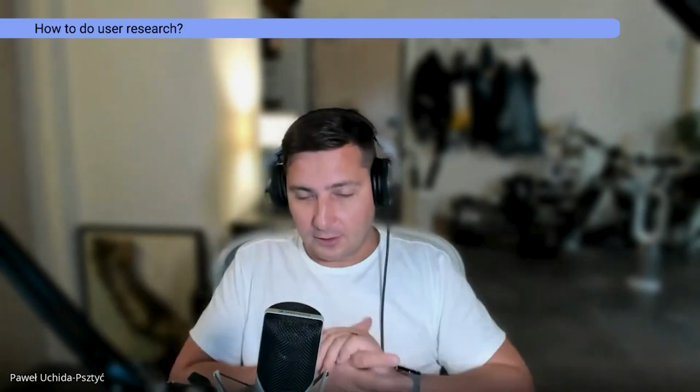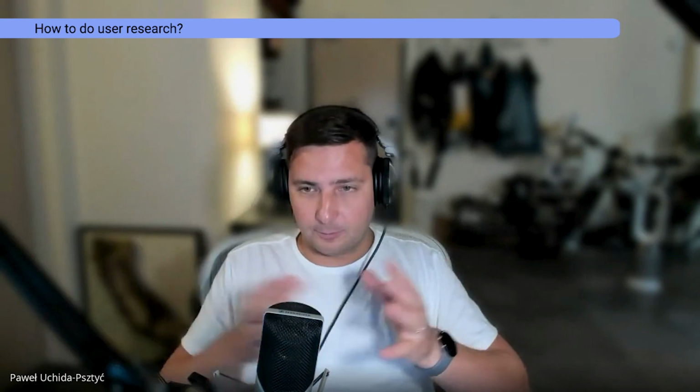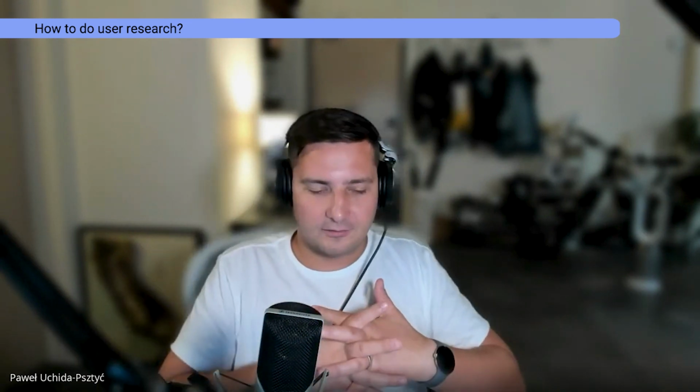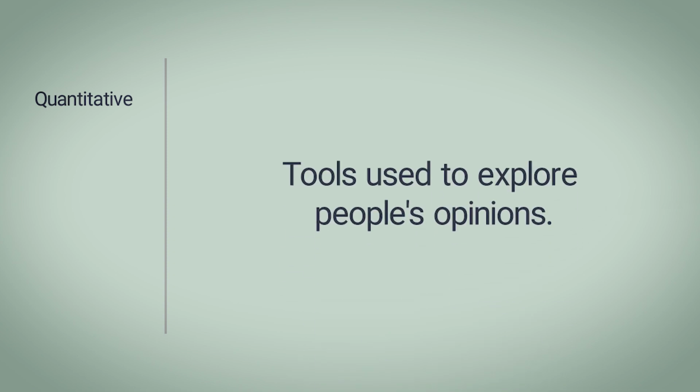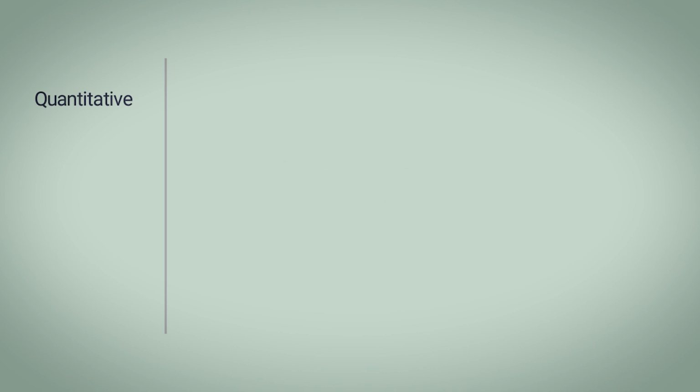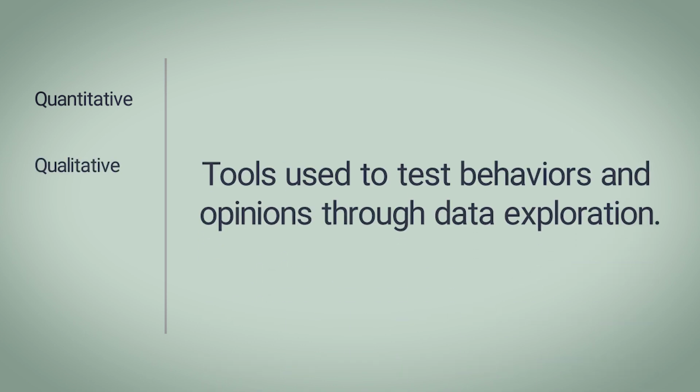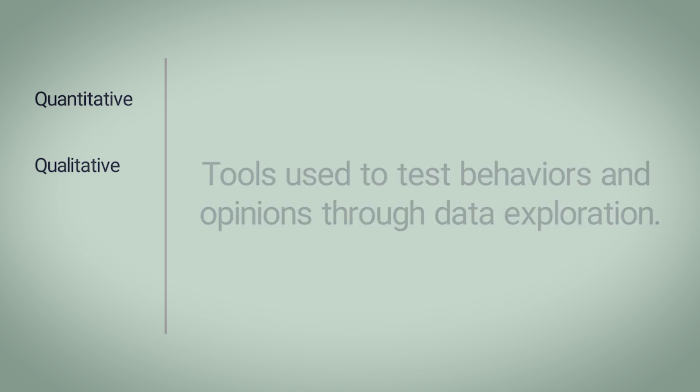We have in our arsenal tools to actually perform user research. We can describe them as quantitative tools that we use to explore user opinions and attitudes. We use qualitative tools to test our opinions through data exploration.